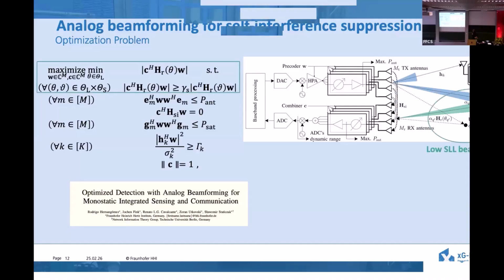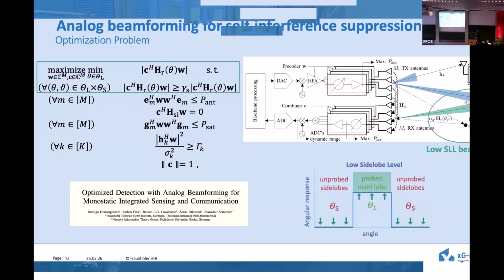The problem here is that we have this low SLL beamforming. Basically, we try to maximize the ratio between the power illuminated in the direction of the probed target and minimize the side lobes to reduce the misdetection.